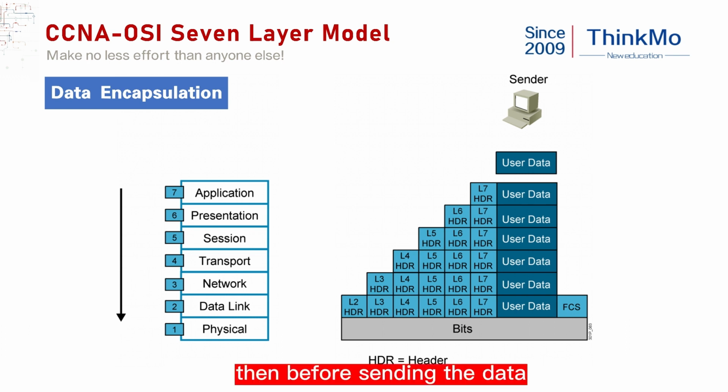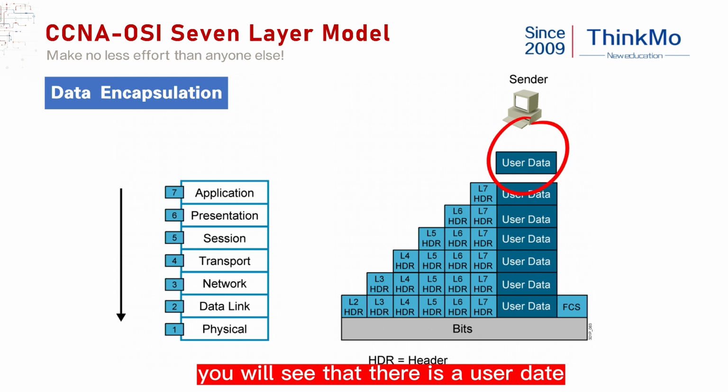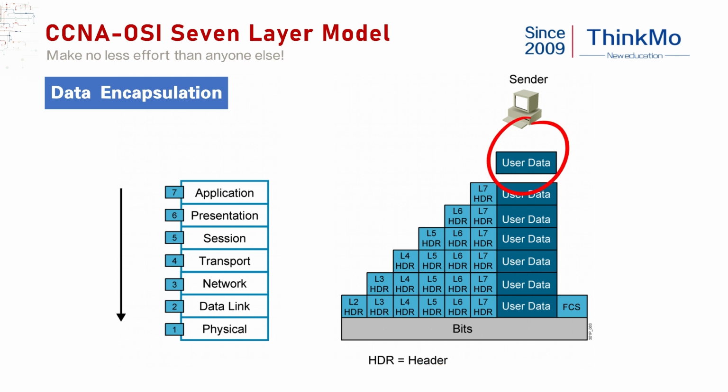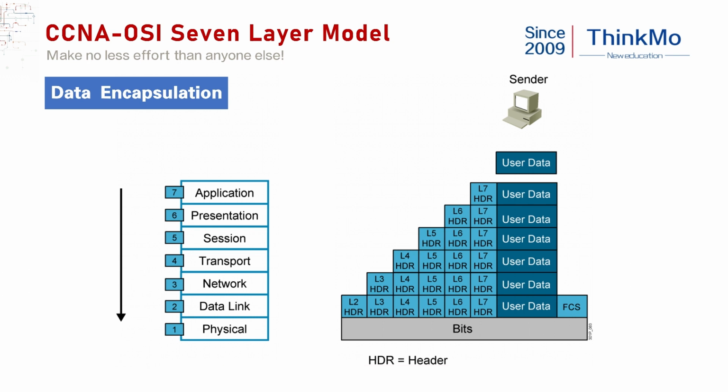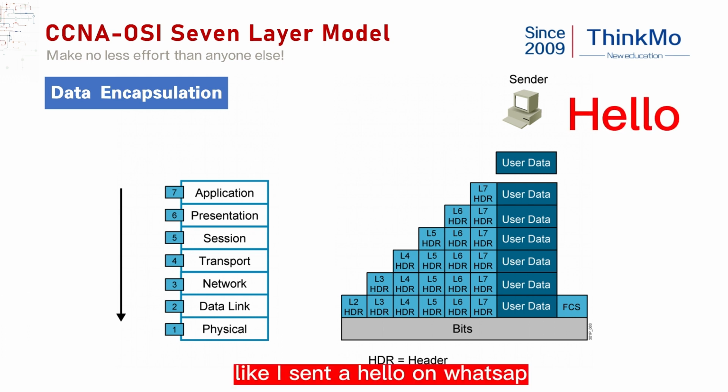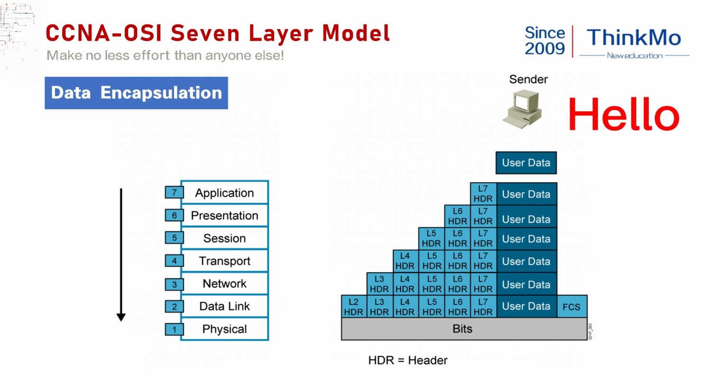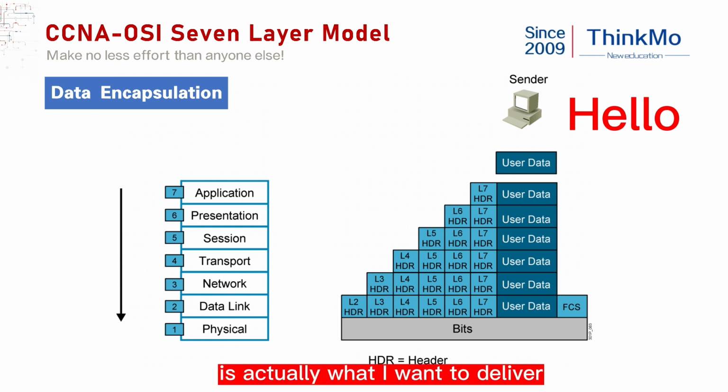Before sending, you will see there is user data. We usually call this business data, the real data transfer that the company's network carries. I generate data locally, like sending a hello on WhatsApp. The data I sent is actually what I want to deliver.